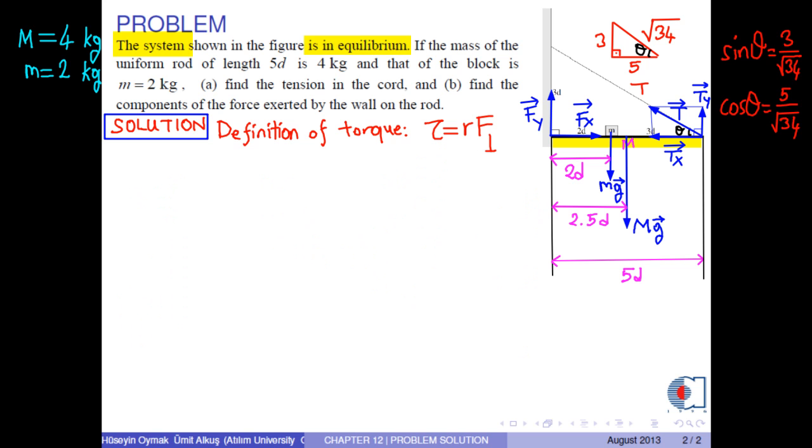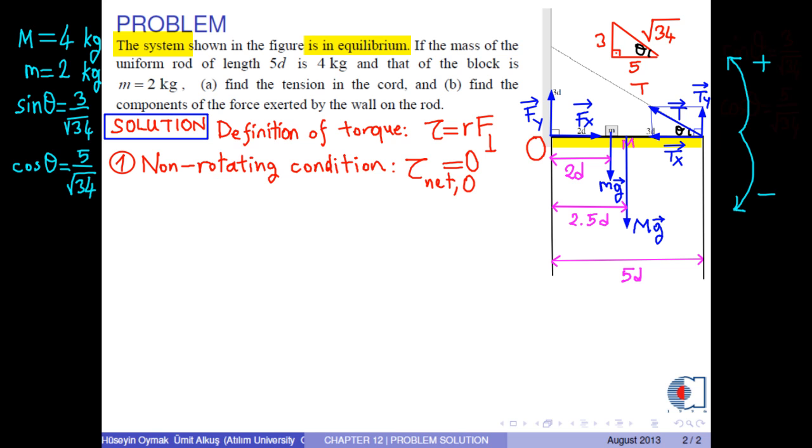Since the system is in equilibrium, we say that first, the system is not rotating. Therefore, net torque about point O is 0. If we take the positive and negative directions as this, the torque due to the tensional force is 5d times Ty.